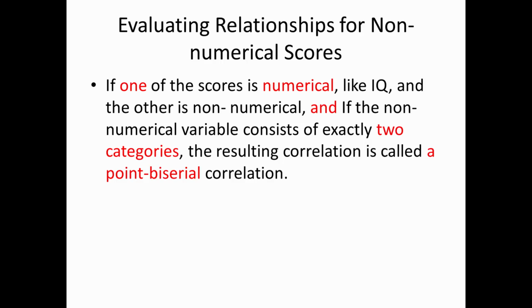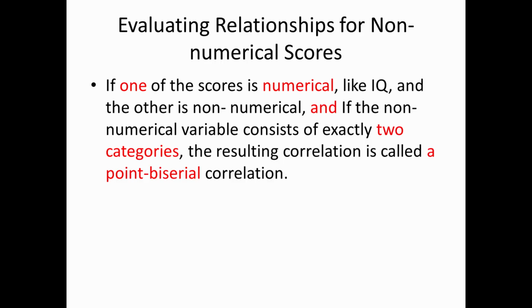However, sometimes one of the variables is numerical and the other one is non-numerical. For example, if you want to calculate the correlation between IQ and gender, because gender has only two categories, the correlation cannot be calculated with Pearson, so you have to use a different type of correlation.